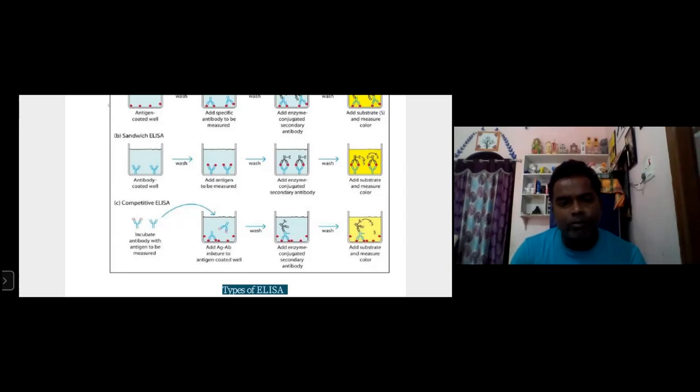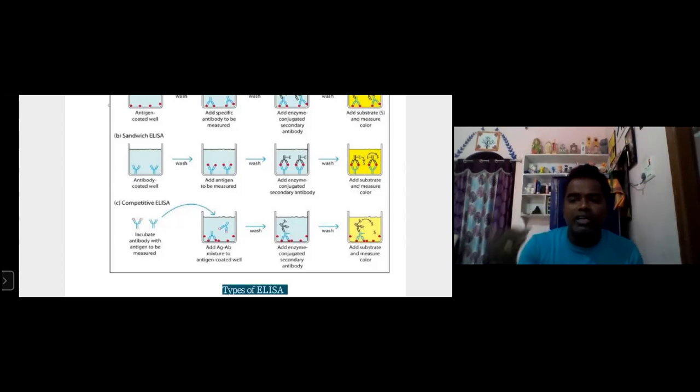Then these antigen antibody complexes are mixed into an antigen coated well. Then wash with distilled water to remove unbound particles.